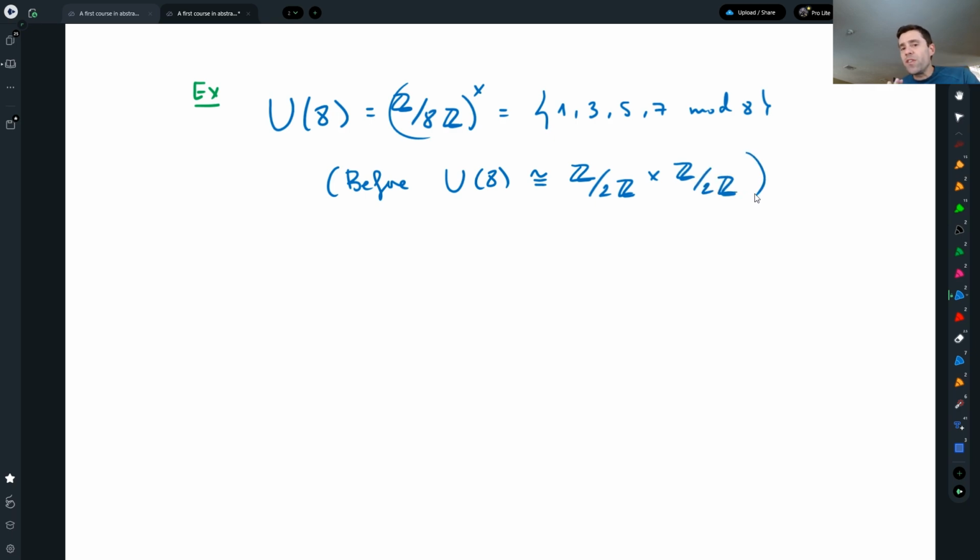And that isomorphism was actually not very satisfying. We just did a bijection. 1 goes to 0, 0, 3 goes to 1, 0, and so on. But we realized that this U8 is isomorphic to a direct product.